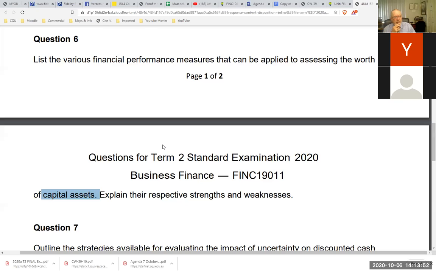I think we also talked about years purchase, payback period, net present value and internal rate of return. So there are some of the major ones. We broke those up into the discounted and non-discounted forms of financial performance measures.